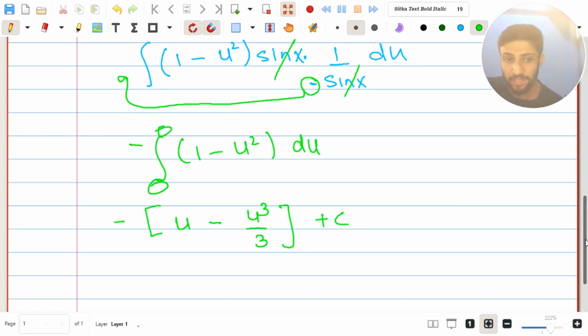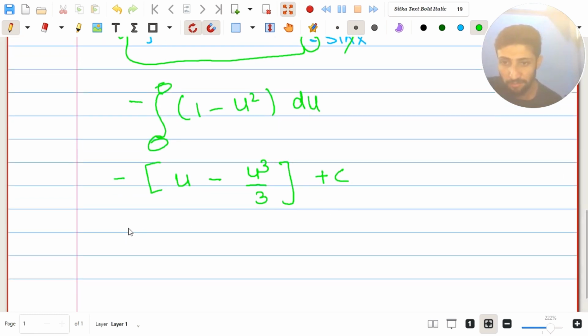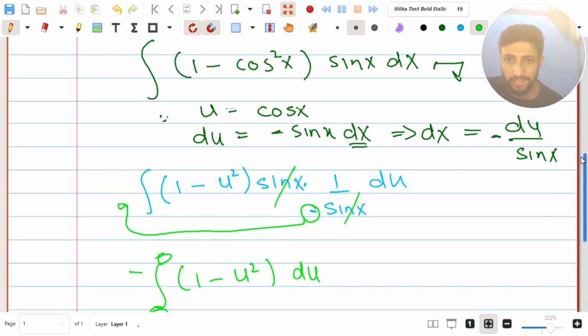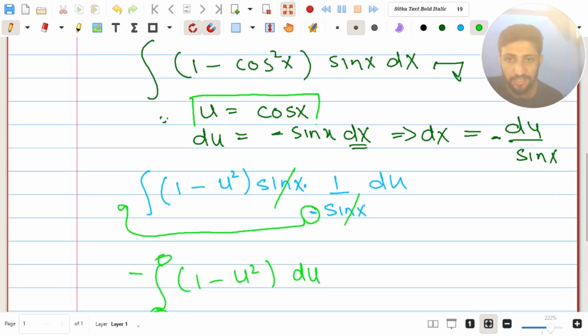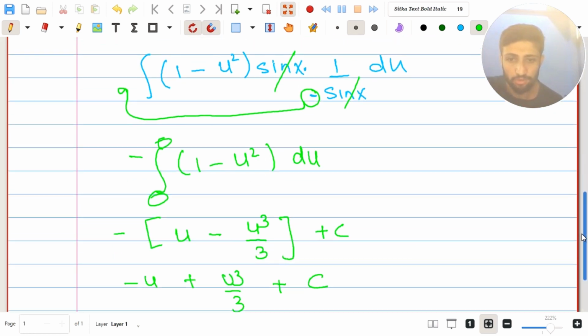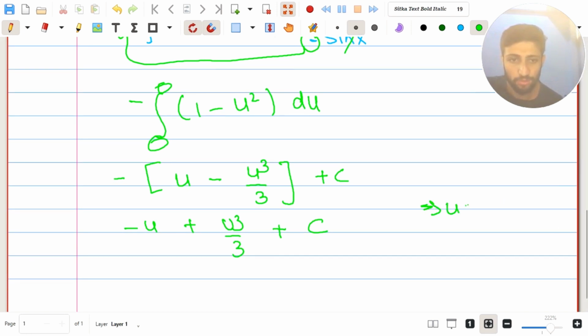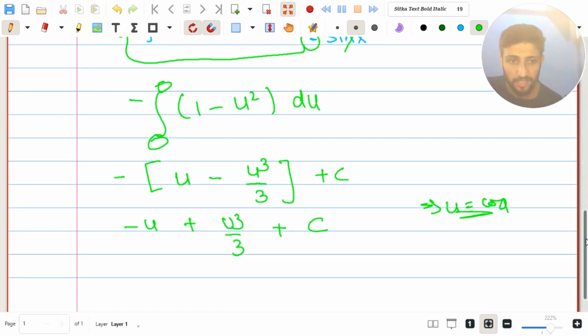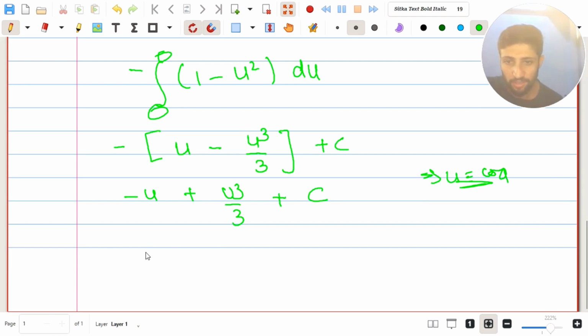So simply minus u plus u cubed divided by 3 plus c. As we mentioned, u is equal to cos of x, so plugging in u equal to cos of x, I will get minus cos of x plus cos cubed of x divided by 3 plus c.